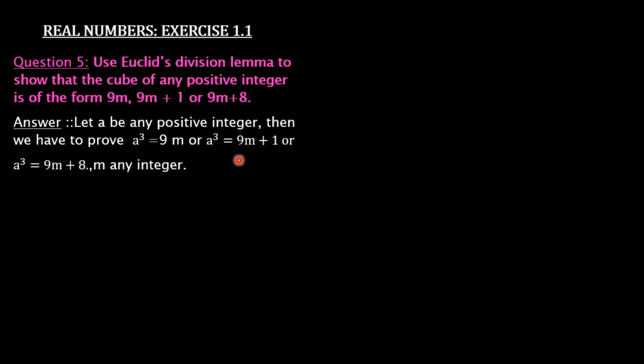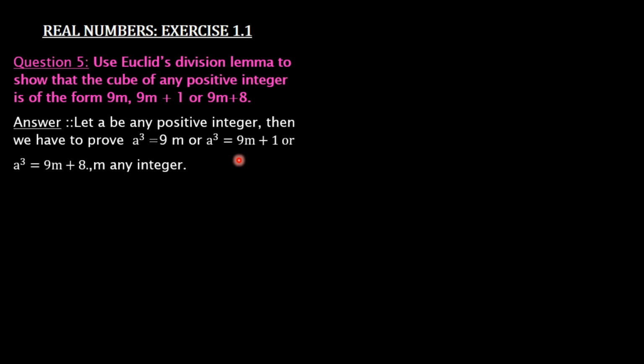So there is a problem if we choose 9 as our divisor here. If we choose 9, there will be 9 remainders, so we have to check 9 cases.